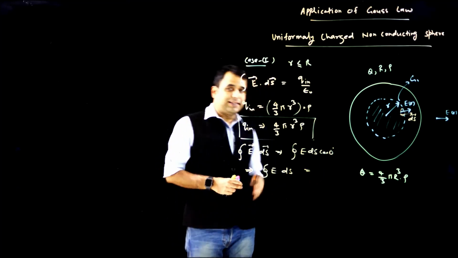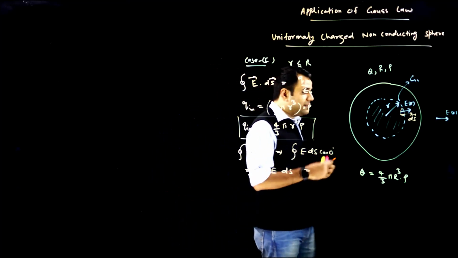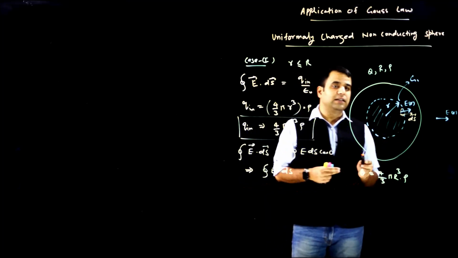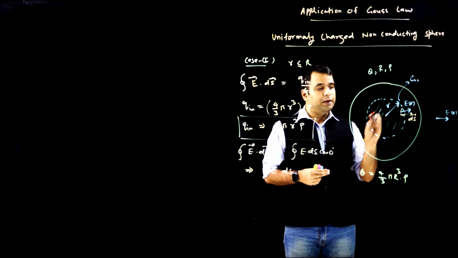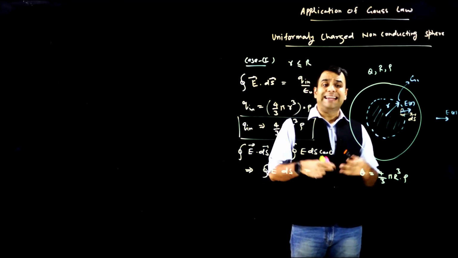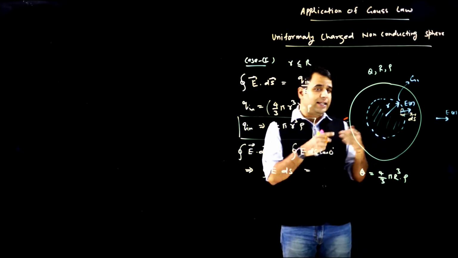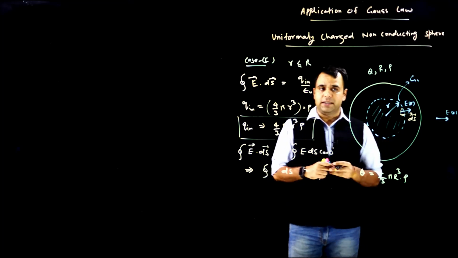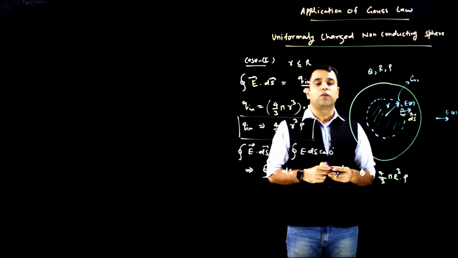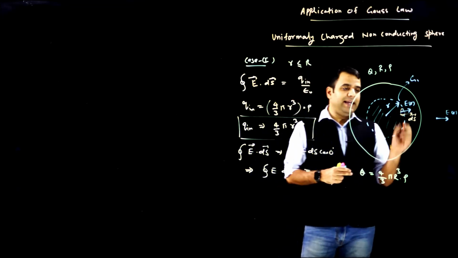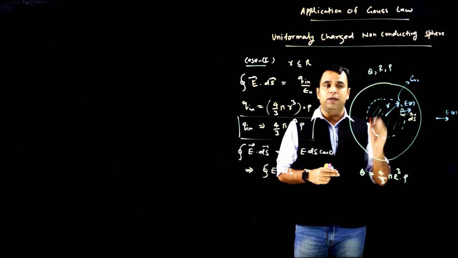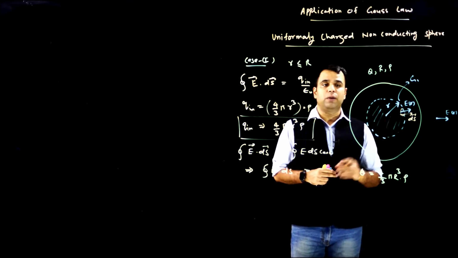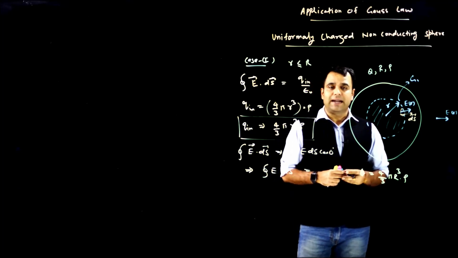Now see one thing, the value of E_r: since there is a spherical symmetry in this body, this whole structure is symmetric about the center of the sphere. Any two points which are at equal distance with respect to the center will be symmetric, and at all those points the magnitude of electric field will be the same. Since any point on this Gaussian surface is at an equal distance from the center, each and every point on this Gaussian surface will have the same magnitude of electric field.